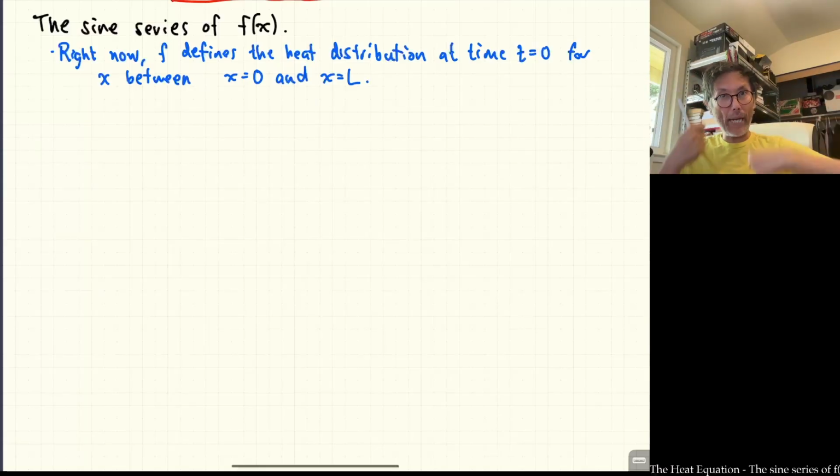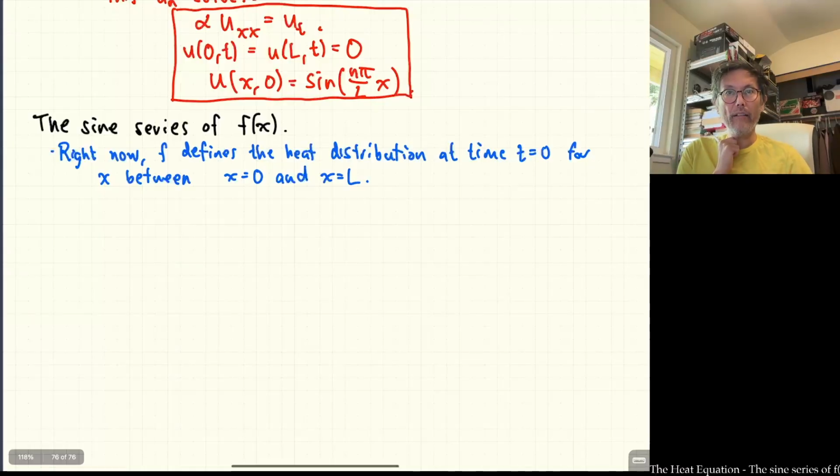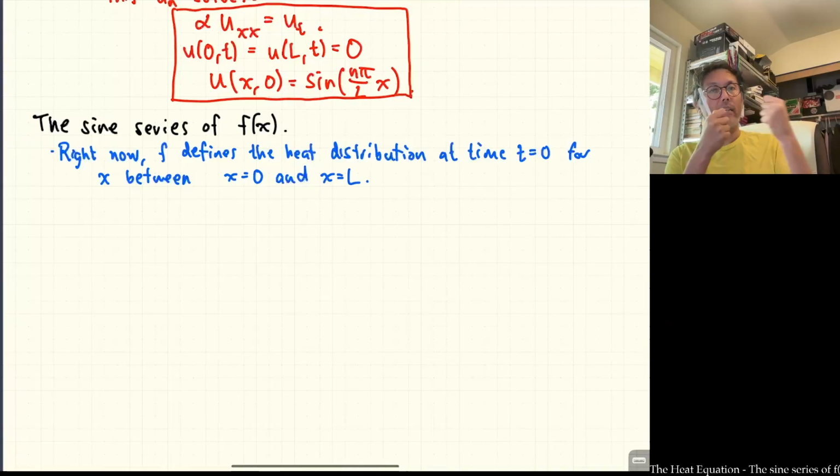I want to bring to bear the power of Fourier series to express f in terms of these sines, sine n pi over L times x. We know that sine n pi over L times x are building blocks that are used in the Fourier series for 2L periodic functions. But there are other building blocks.